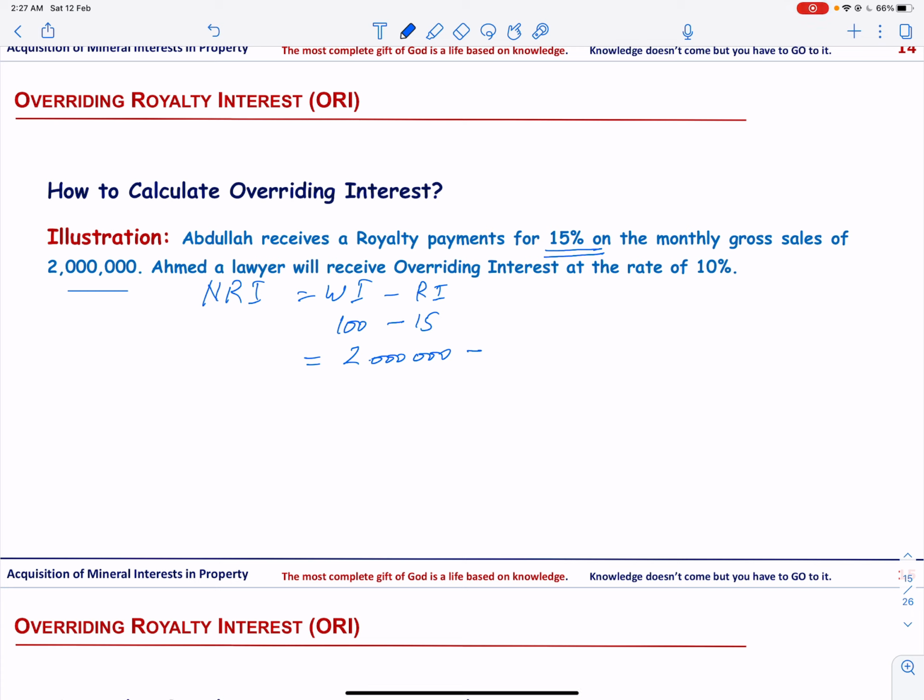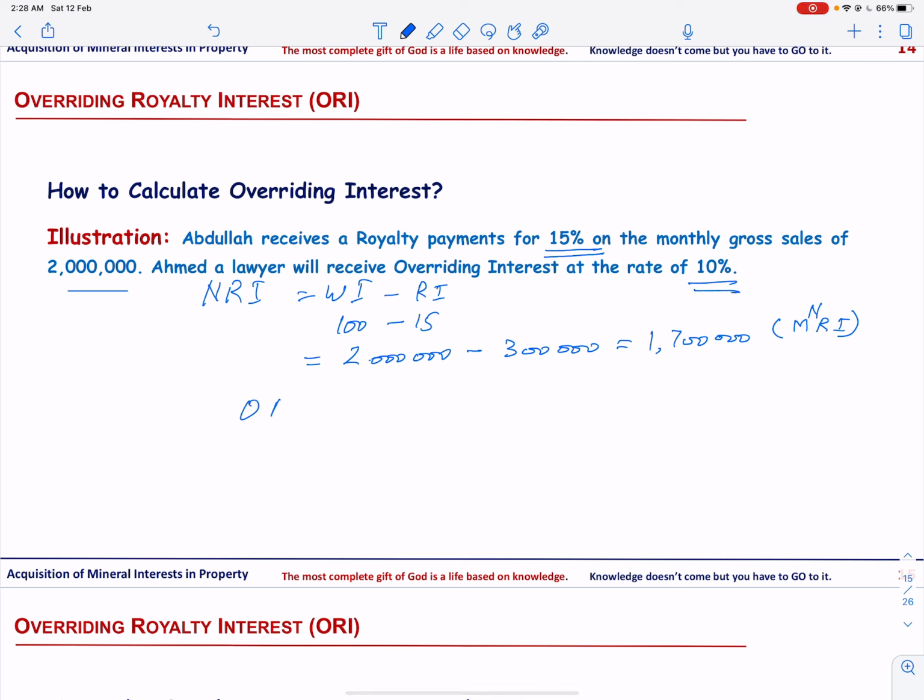Minus 15% of 2 million, that is equal to 300,000. This is equal to 1,700,000 monthly net revenue interest. A geologist would then receive a monthly royalty check on 10% of the net revenue interest.